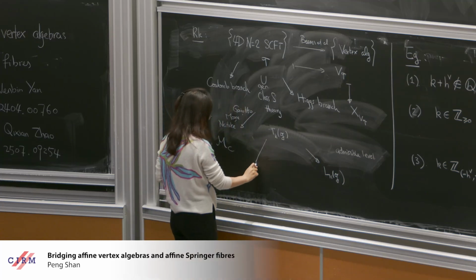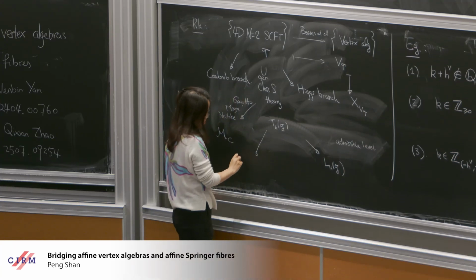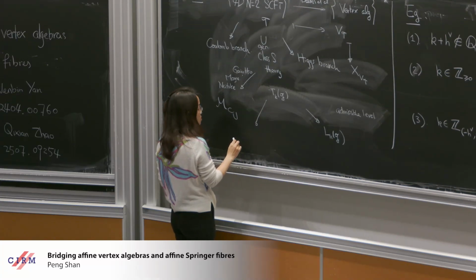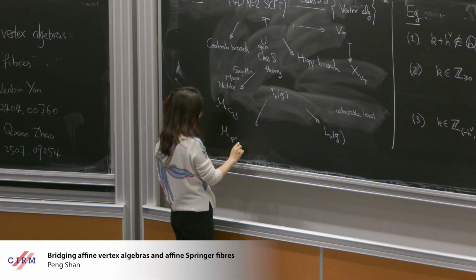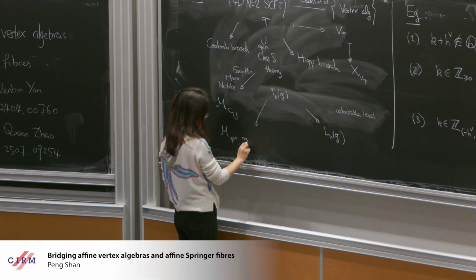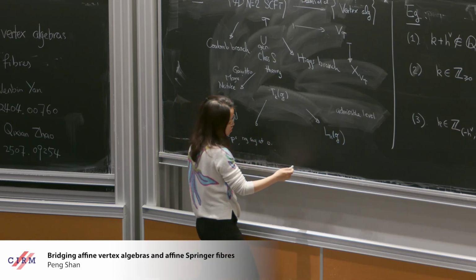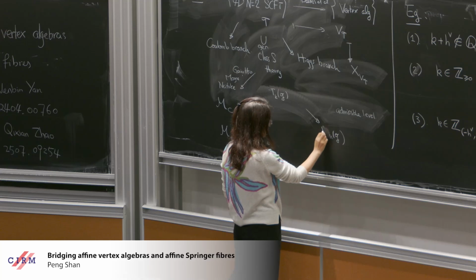Its Coulomb branch is given by a moduli space of Higgs bundles on P1, but with a regular singularity at 0, or maybe I should put more generally W-algebras.